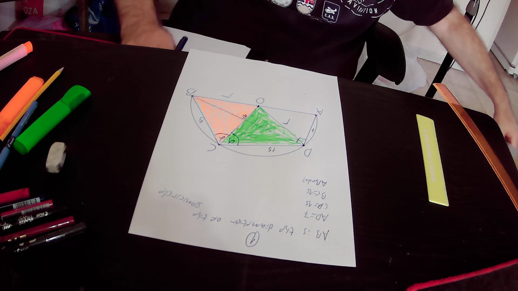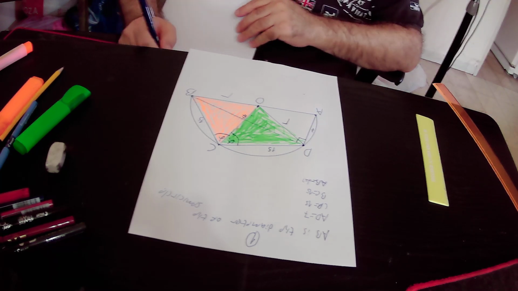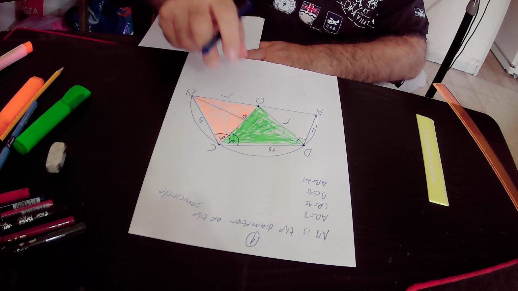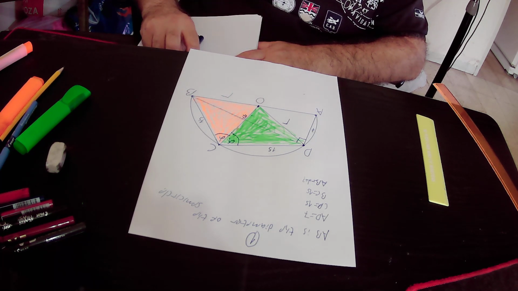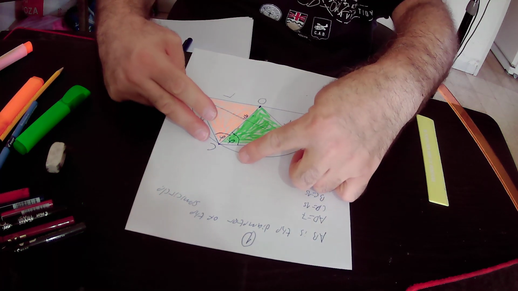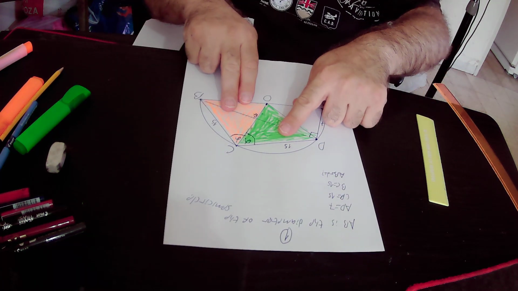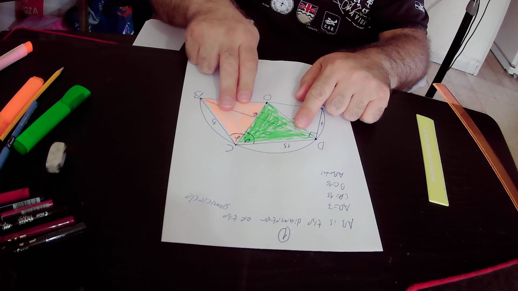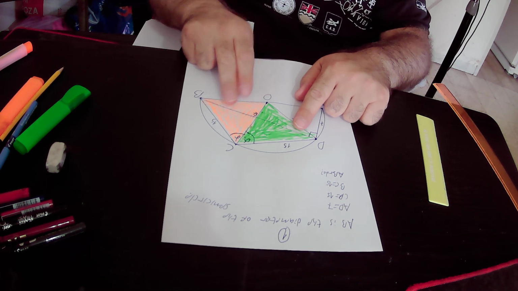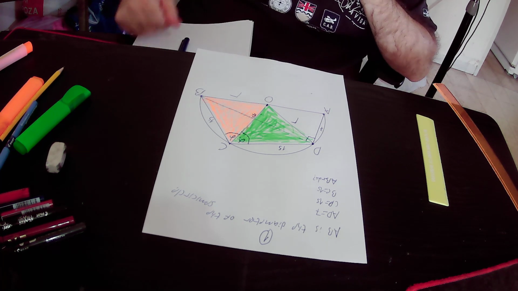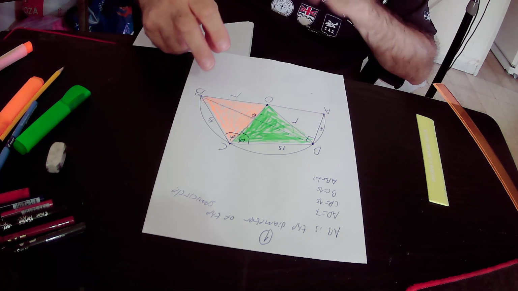So actually, if you focus on triangle BCD, in triangle BCD we have two equal sides. Both of those sides are equal to 15 units. So according to rule number 2, in front of equal sides in the triangle there are equal angles.